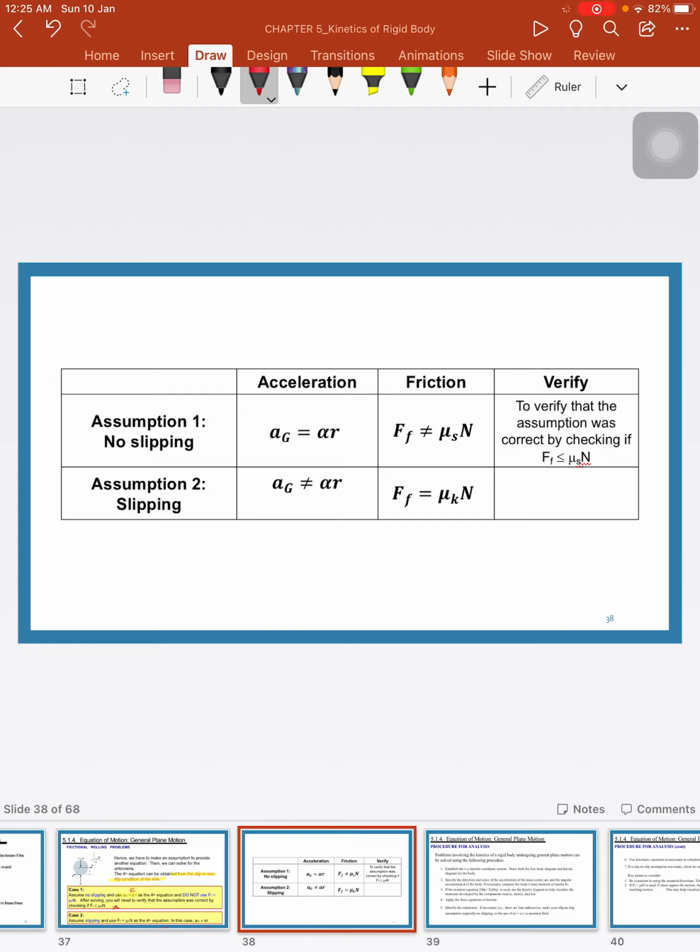So assumption 1, no slipping, and assumption 2, slipping.